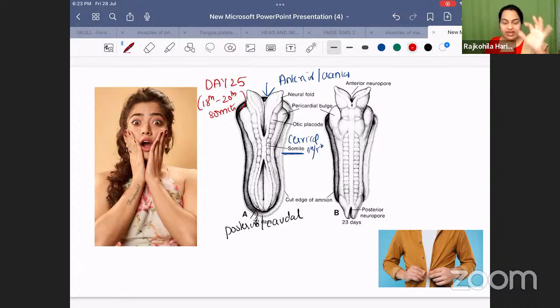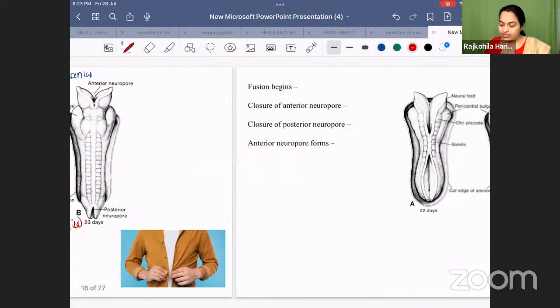Do you know what day it is? Day 27 or 28, certain textbooks give, right? And it corresponds to the 25 somite stage. So this is very, very important. These events, closure of the cranial neuropore and closure of the caudal neuropore.